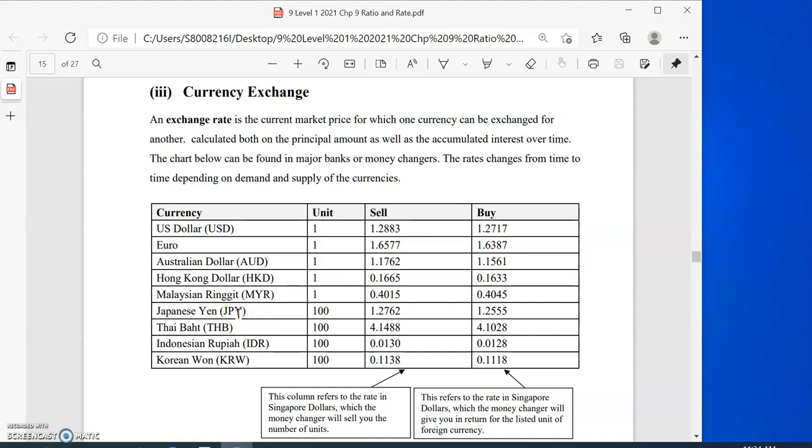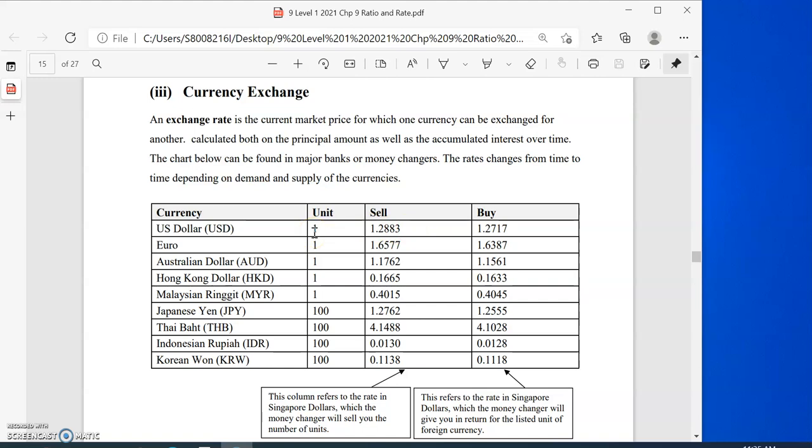Therefore, the values in the third and the fourth column show what the money changer is willing to sell you, or what the price is to sell you the currency. Let me elaborate. The money changer is willing to sell you US dollar if you pay them 1.2883 for 1 US dollar.